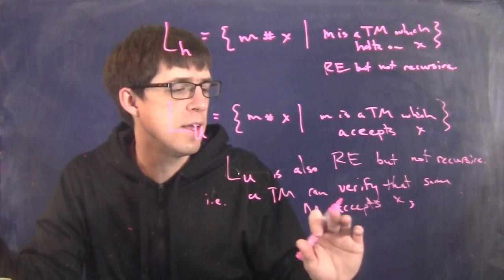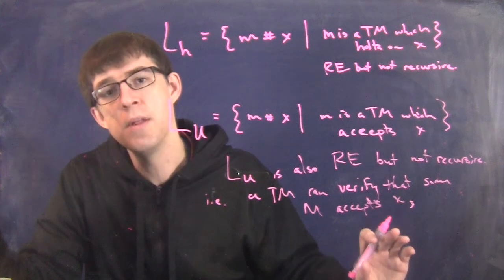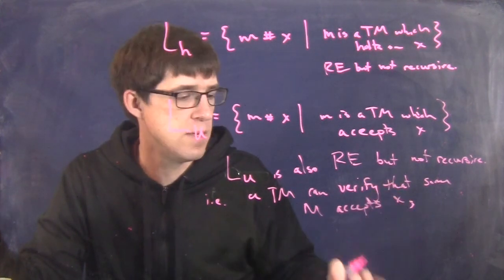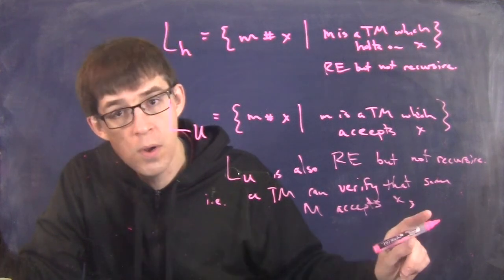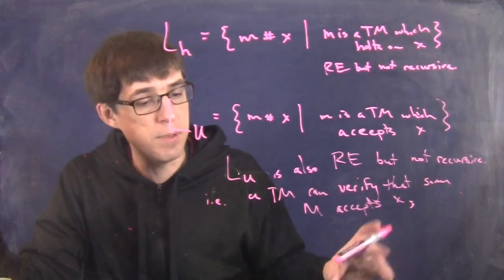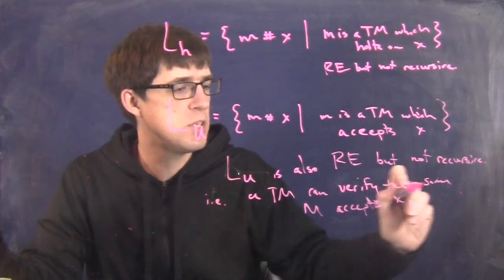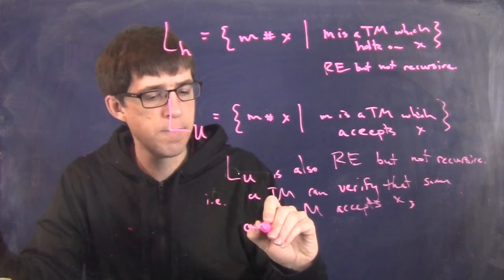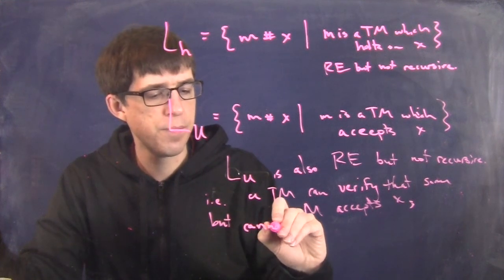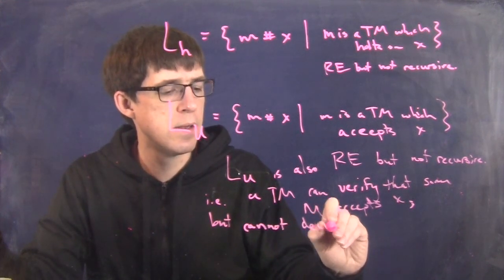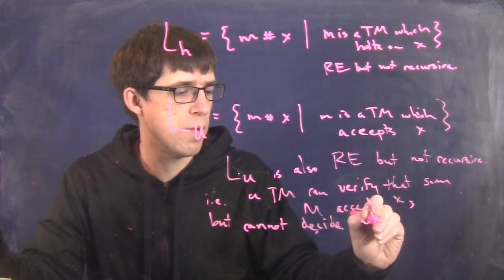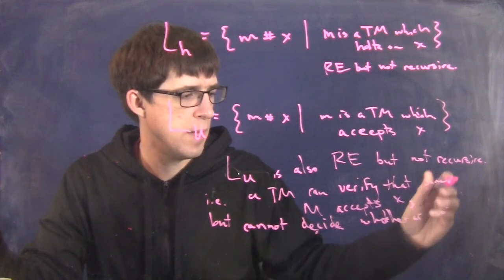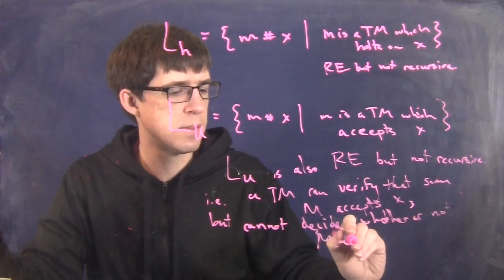If you already know that M accepts X, then the universal machine can simulate M and verify, yes, it does accept X. But if you don't know and you ask whether or not, that actually cannot be done by a Turing machine. So a Turing machine can verify that some M accepts X, but cannot decide, yes or no, whether or not M accepts X.